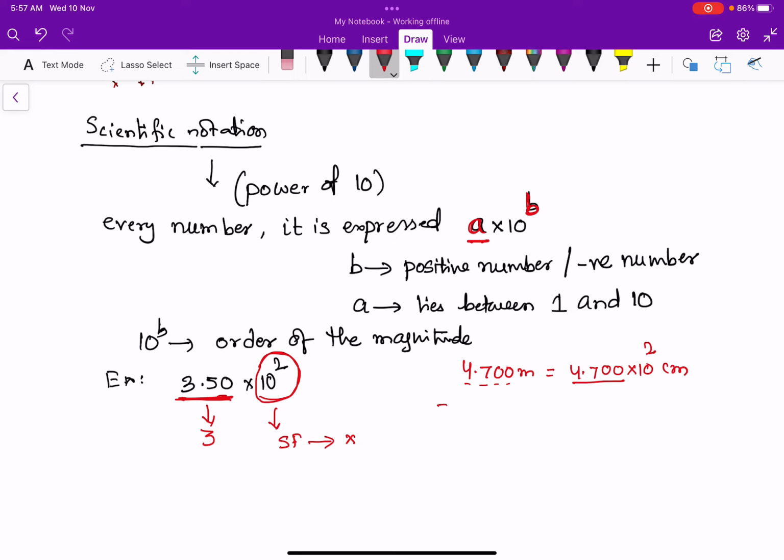Again, 4.700 into 10 power 3 millimeter. Here again 4 significant figures are there, right? So by using simple scientific notation, the value of a is not affected, and the significant figures do not change. Okay.